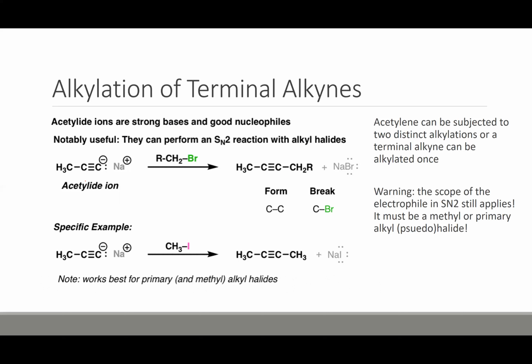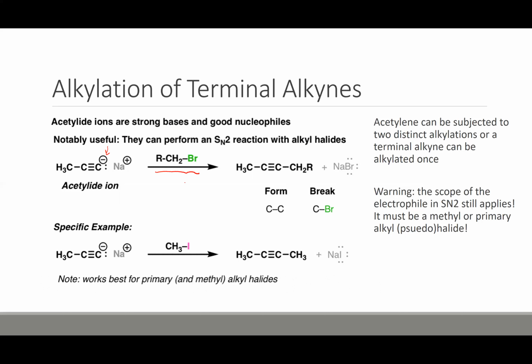So here you can see this is a terminal triple bond that has been made into an acetylide ion, right? It has its negative charge. So we did our first reaction with the strong base to remove the proton. We made our acetylide ion. Then we can add this group.